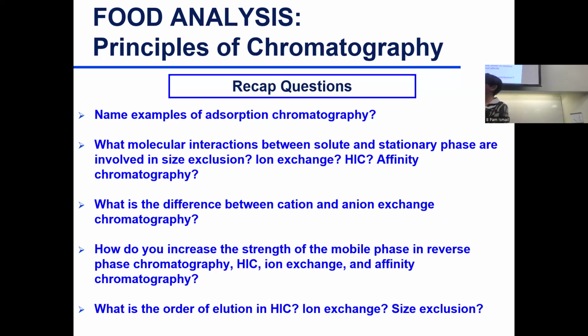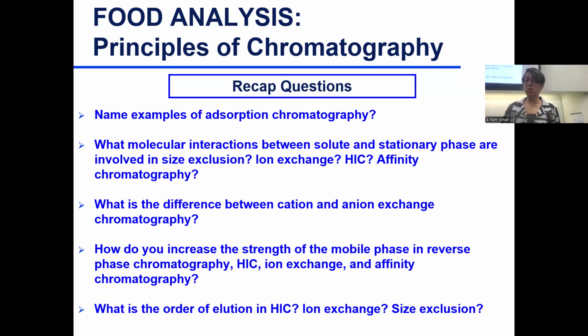So either increase or decrease the pH, depending on if it's anion, cation, and the molecules within it. What else can you change? Well, you can increase the concentration of the counter ions. Salt, yes. So in ion exchange, you can increase salt concentration, you can change the pH, increase or decrease, depending on your molecules and the type of stationary phase.